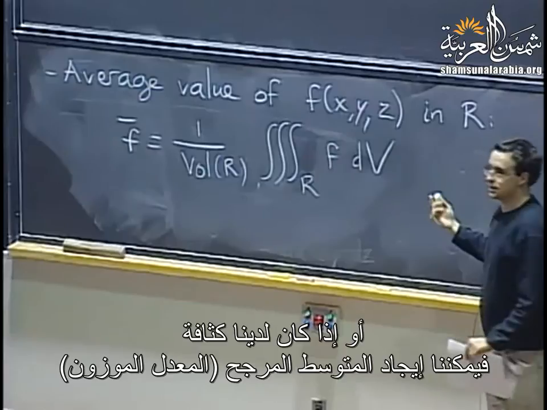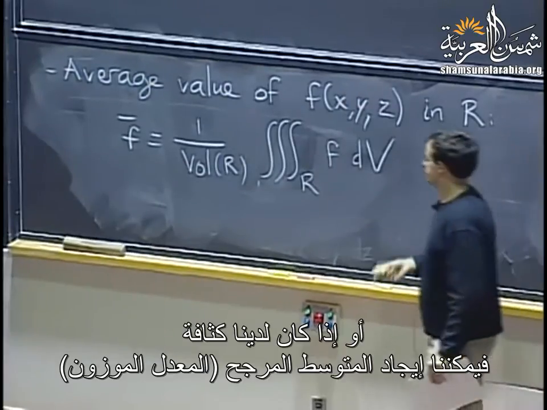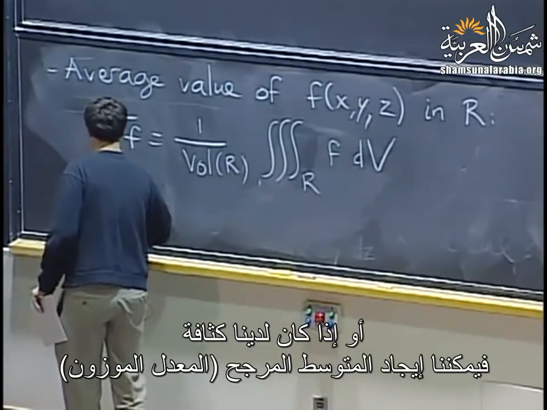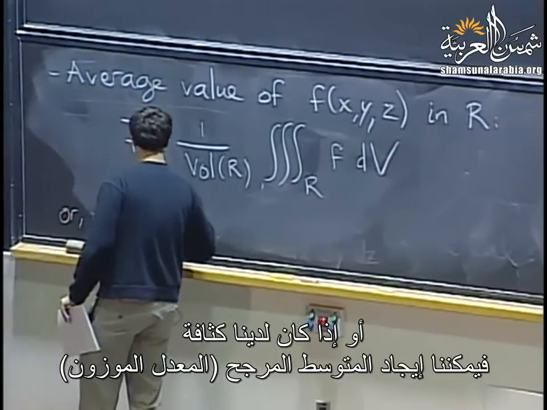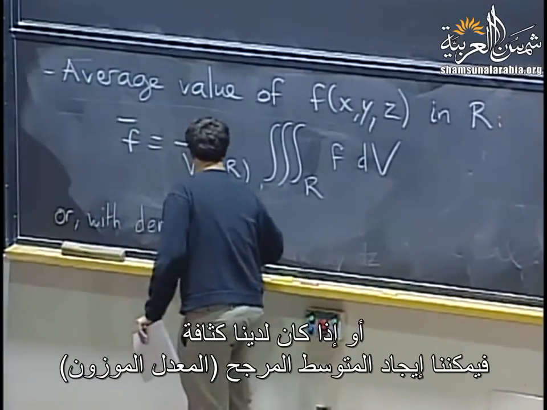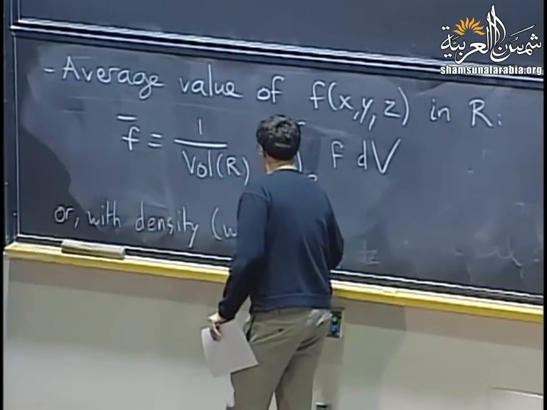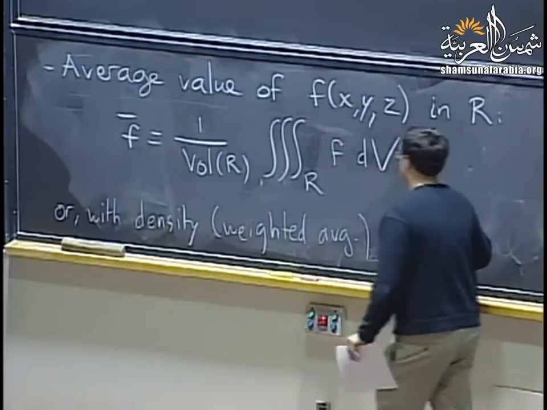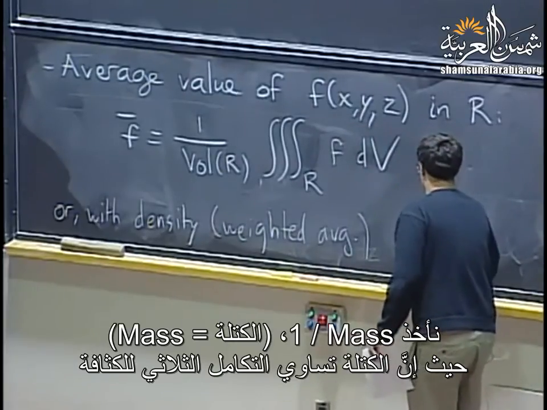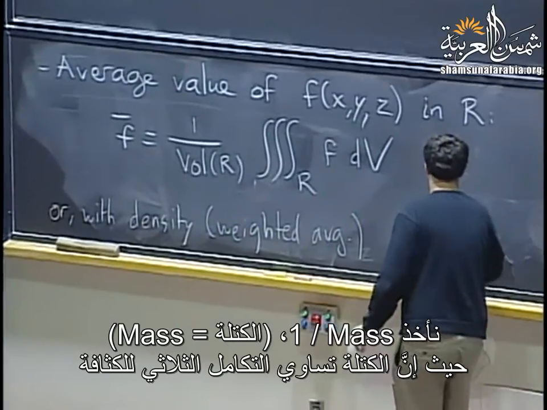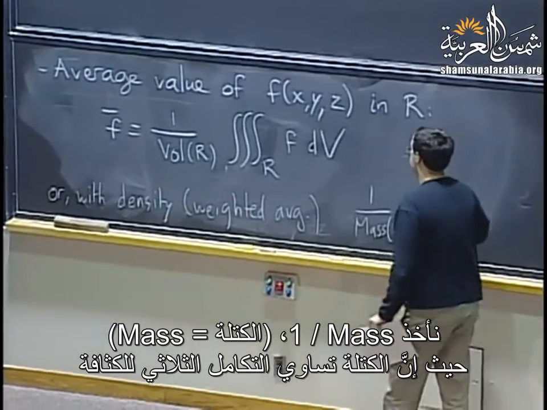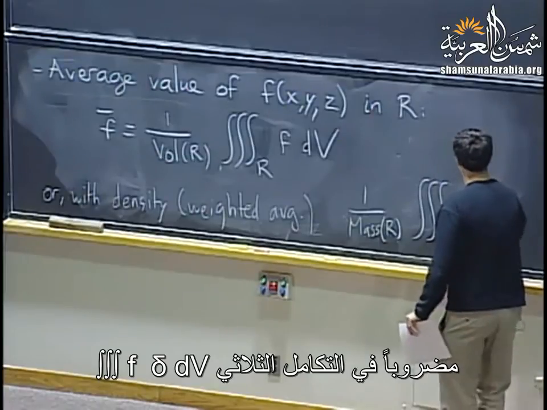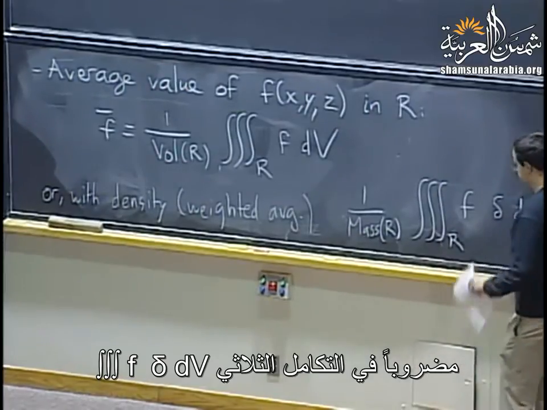Or if we have a density and we want to take a weighted average, then we take 1 over the mass, where the mass is the triple integral of the density, times the triple integral of f times density dV.